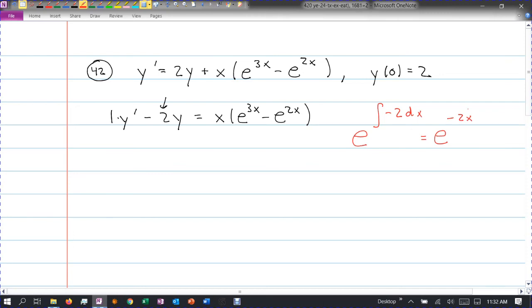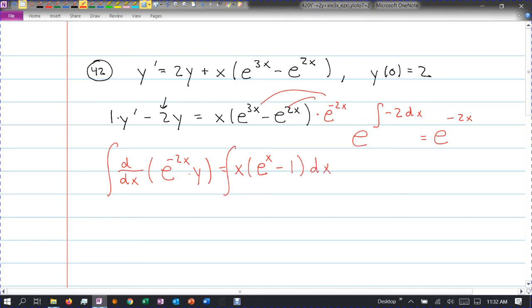So now the left side becomes the derivative with respect to x of our integrating factor times y, and then equals, now I'm going to multiply this side by e to the negative 2x and distribute that through. And when we do that, we're going to get x, and then e to the x, since 3x minus 2x is x, and then minus e to the 0, which is 1. And that now gets integrated with respect to x.